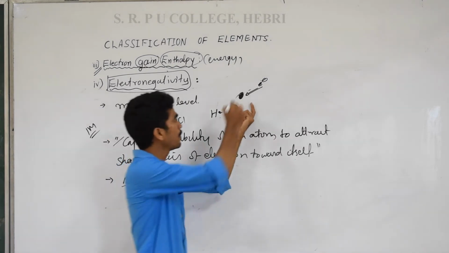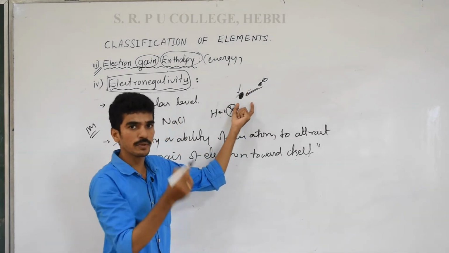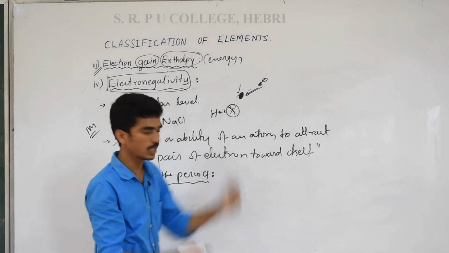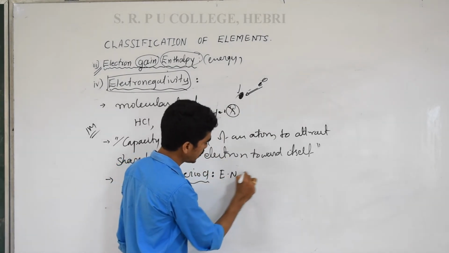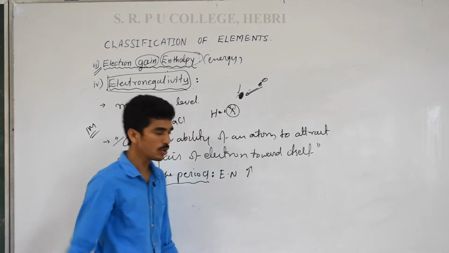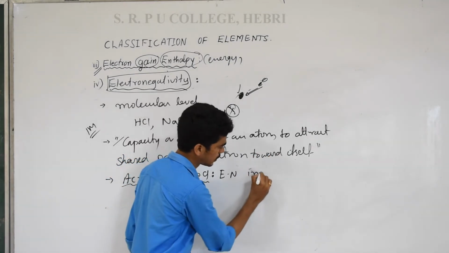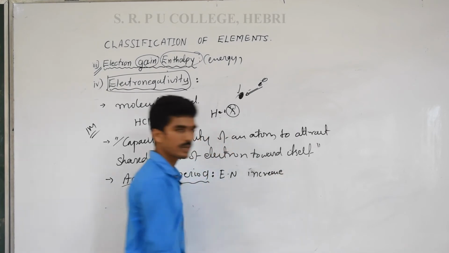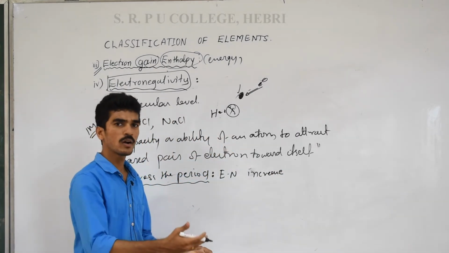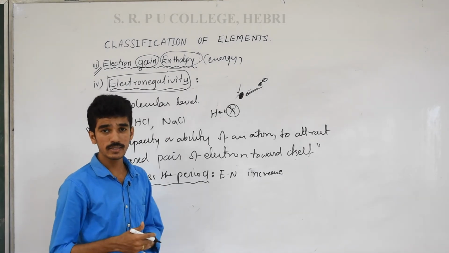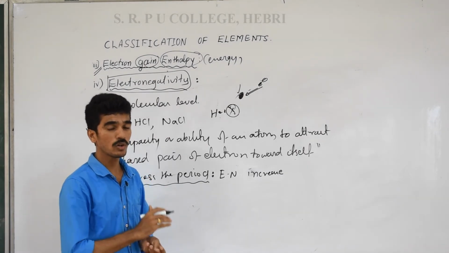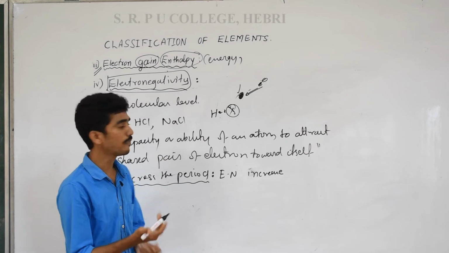What have we done here? We increased the strength of the magnet, and we are also bringing the electron closer. So here also, across the period electronegativity increases. Why? Because the same concept applies: effective nuclear charge increases and size decreases, so there is a higher electronegativity value.